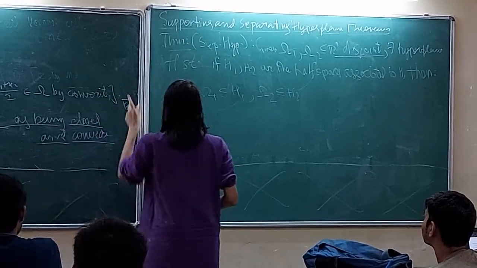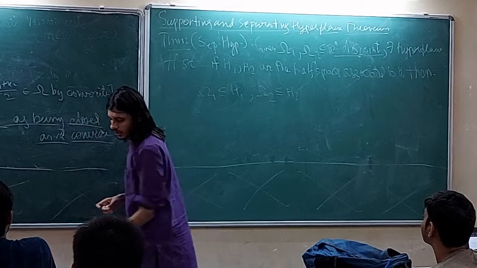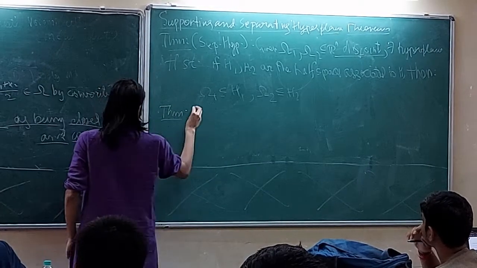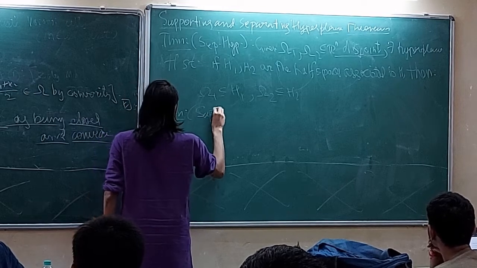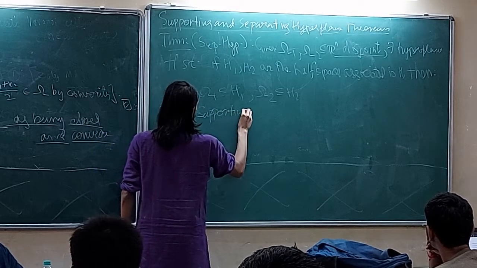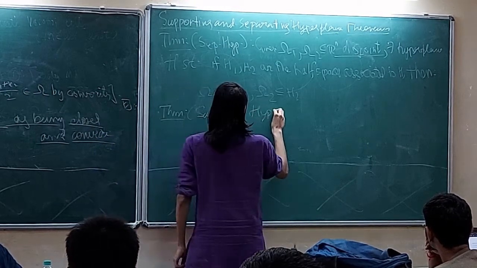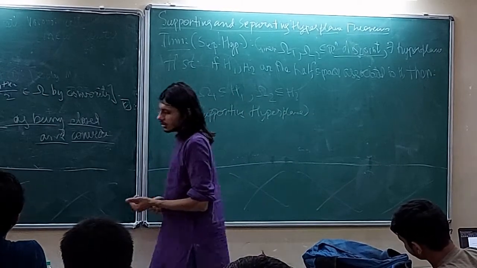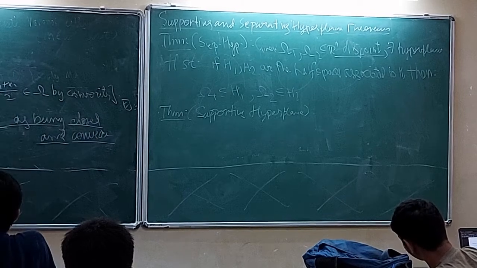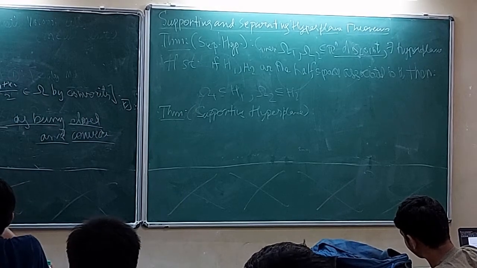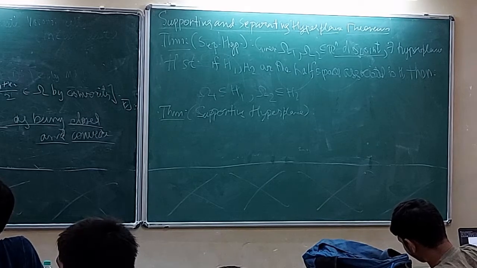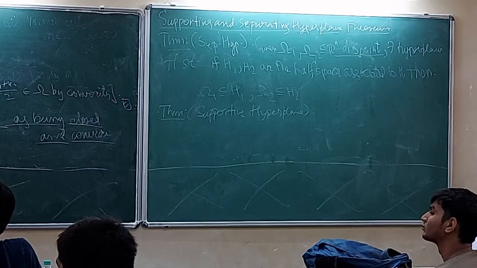What I will talk about the proof of is what is called a supporting hyperplane. Let me give you an idea of what a supporting hyperplane is. A supporting hyperplane at a point on the boundary is basically a hyperplane that touches that point and keeps the convex set on one side of it.